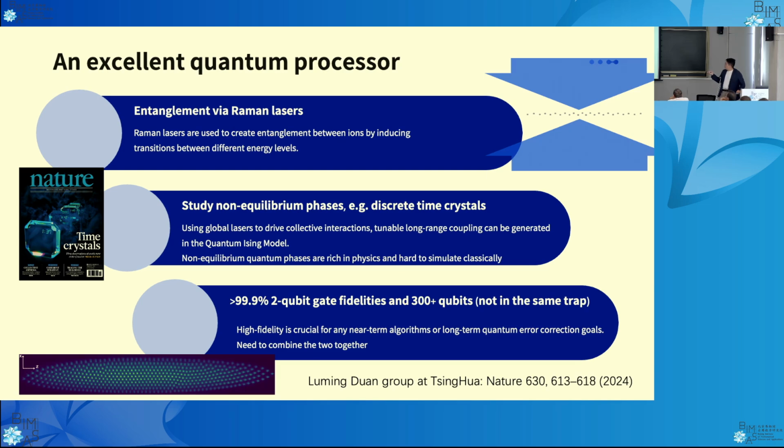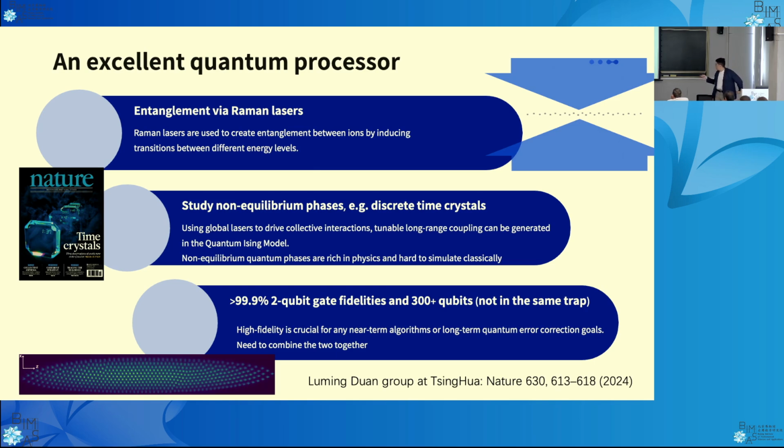Anyway, with this system, as I mentioned, you can get more than 3 nines of 2-qubit gate fidelities and more than 300 qubits, but currently they're not in the same trap. What I mean by that is that in the US, there are already 2 places, the company Continuum and also the Georgia Tech Research Institute.